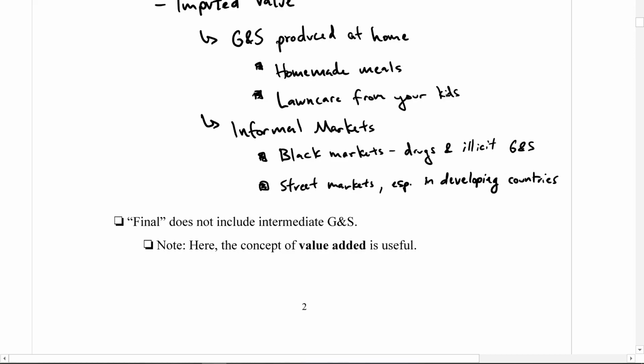A new car that's being manufactured is going to be buying, say, tires. Those tires that are bought to produce the car are not included in the GDP calculation. Only the final good, the final car, is included. That way, you're not double counting the tires.